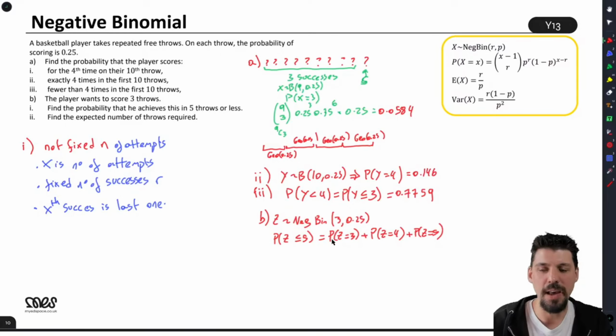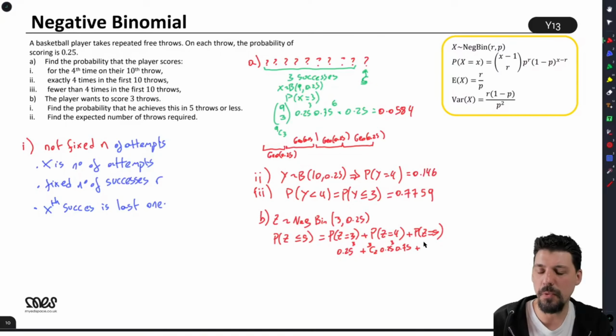So this one, fairly intuitively, you want 3 successes in 3 throws. Well, let's not do anything complicated. That's just 0.25 cubed. This one here, you're going to want 2 successes in your first 3 throws. 3C2. And then we still want 3 successes, but we are going to pick up 1 fail.